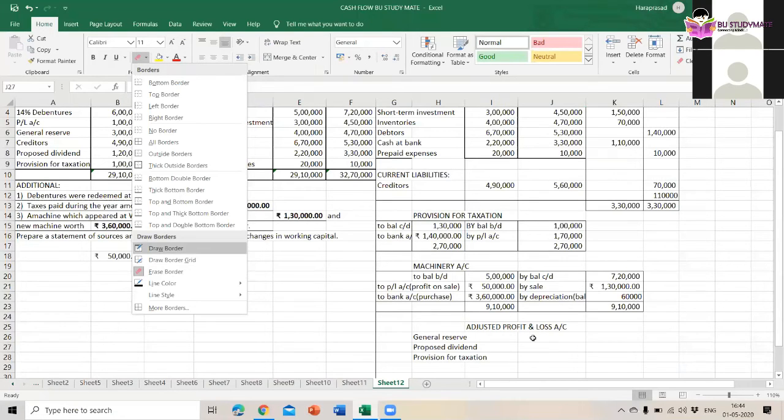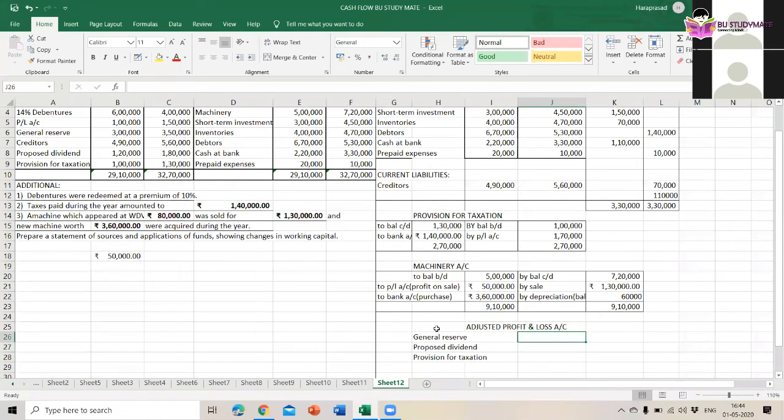General reserve, proposed dividend, provision for taxation. Then we have depreciation.